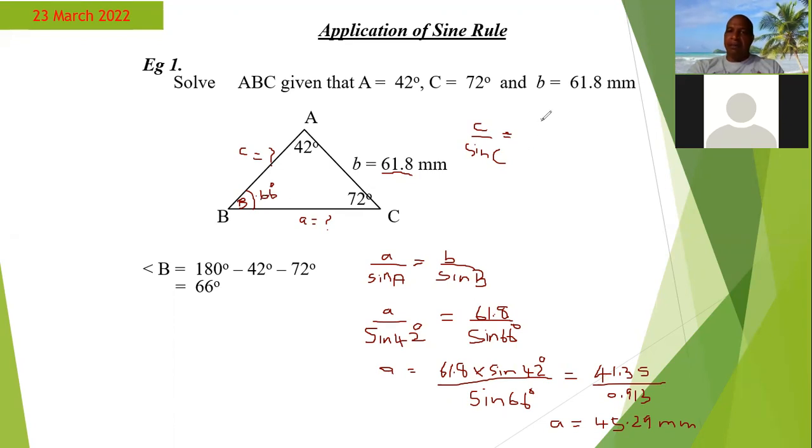So we would have B over sine B. All right, and then now, just as before, we would put in what we know in this equation. We don't know C, the side C, so we just rewrite that. That's what we're trying to find. But we know what the angle C is.